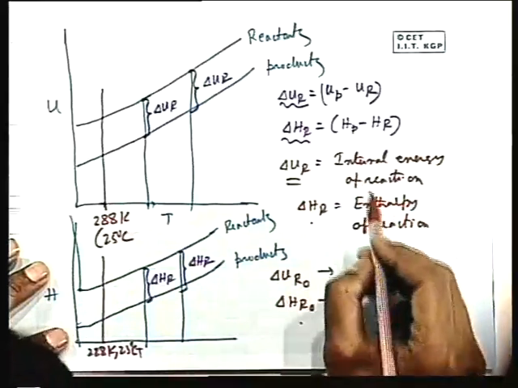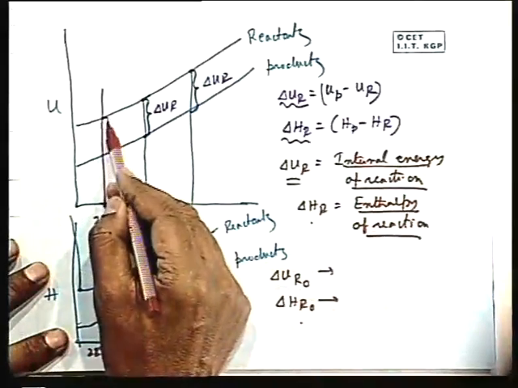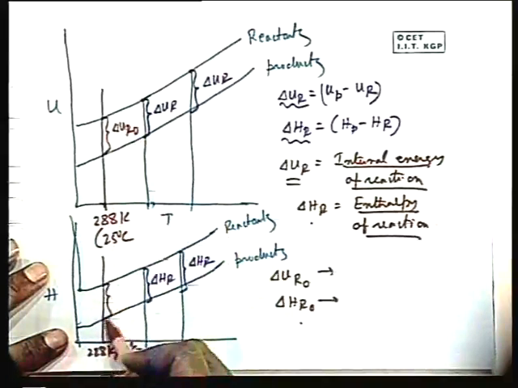If nothing else is told, it means the difference of internal energy or enthalpy of the products minus that of the reactants at 25 degrees Celsius. So henceforth whenever we say internal energy of reaction or enthalpy of reaction, we will mean this value at standard condition.